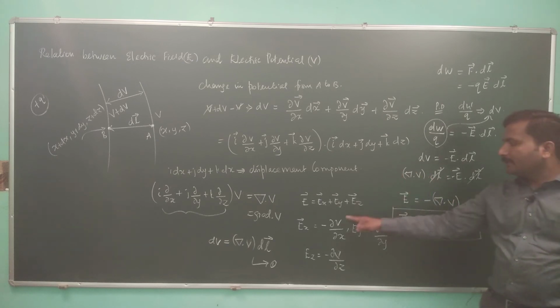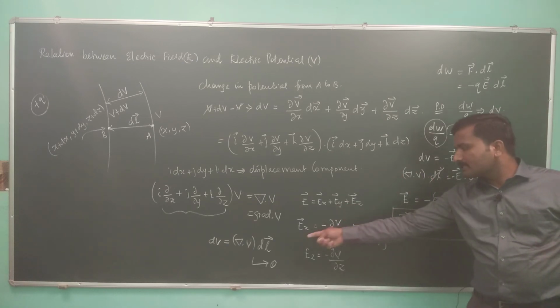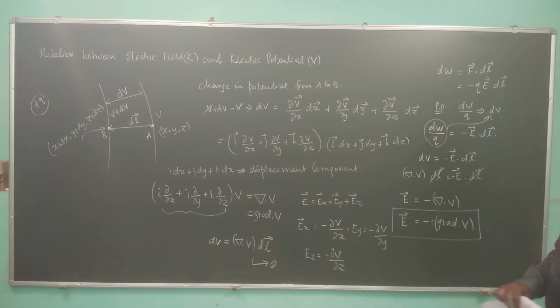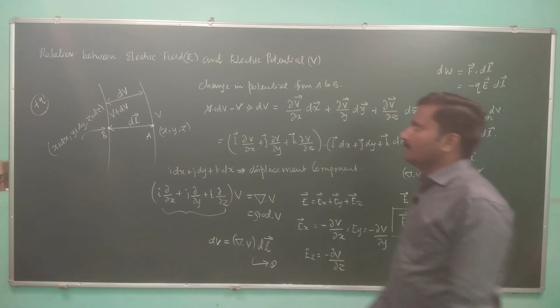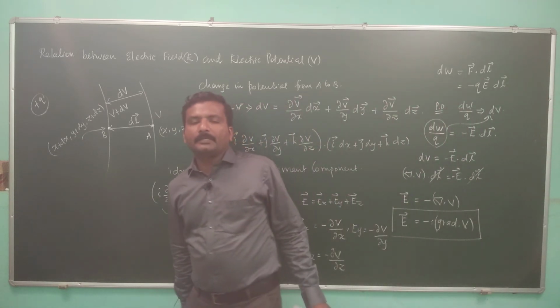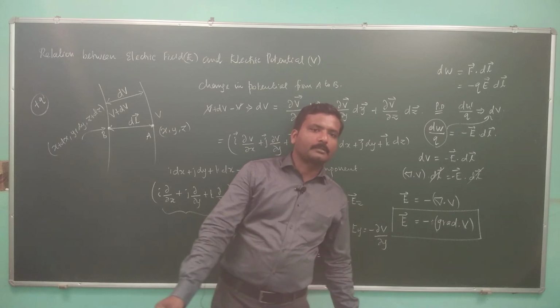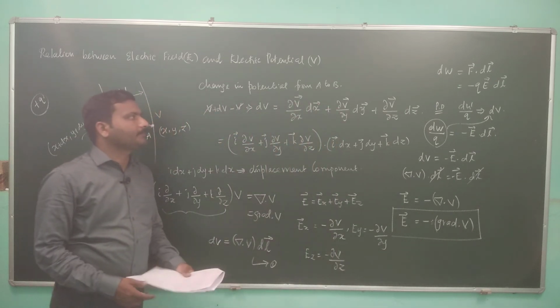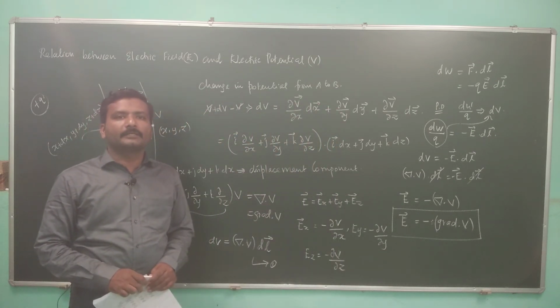We have separated it out for the x, y and z components, like Ex is equal to minus dou V by dou x, and the y component and z component. So this tells the relation between electric field and electric potential. Let me stop here, and we will continue in the next class.